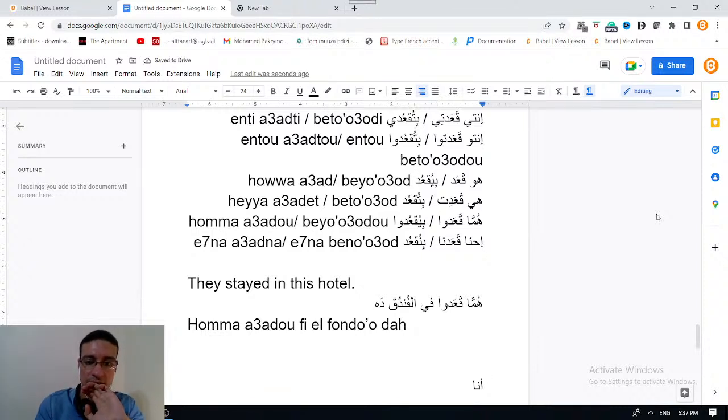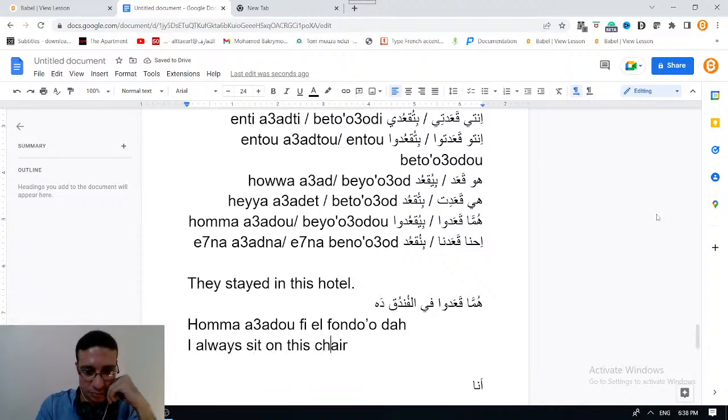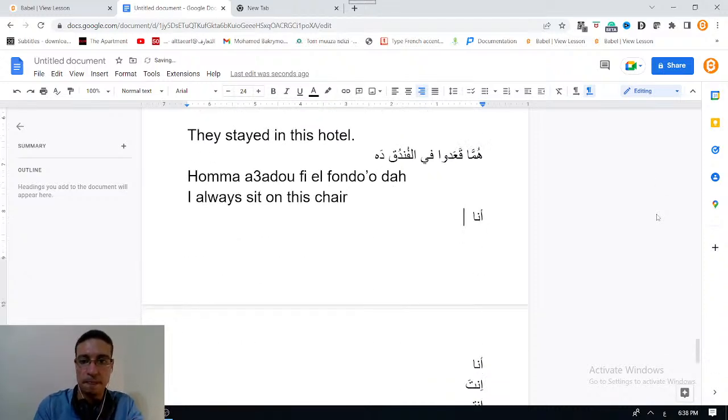Let's say for example, I always sit on this chair. أنا, always is دايما, أنا دايما بقعد, and on is على this chair.